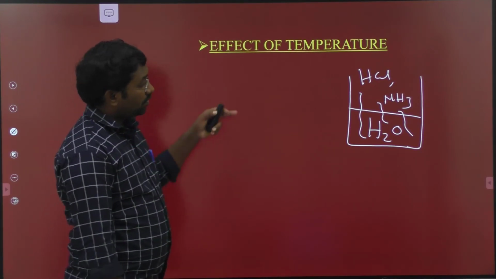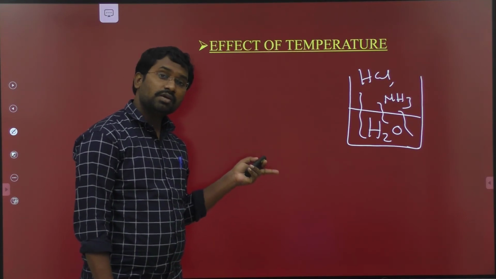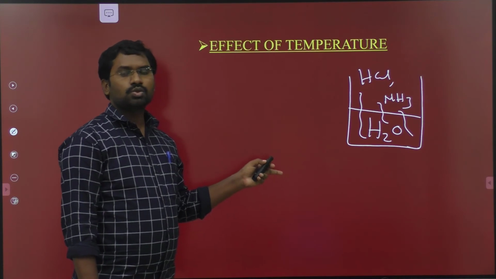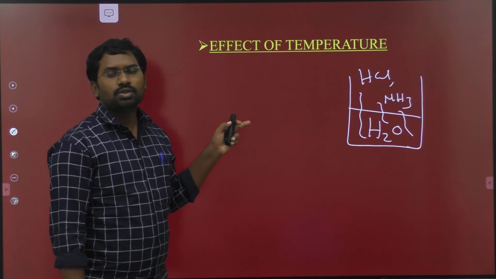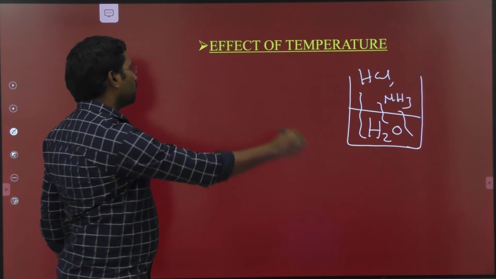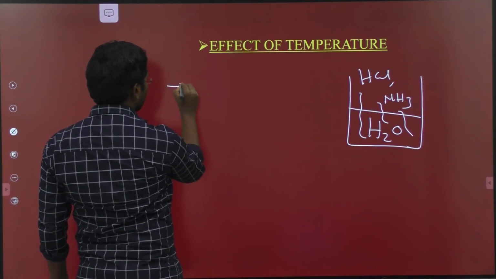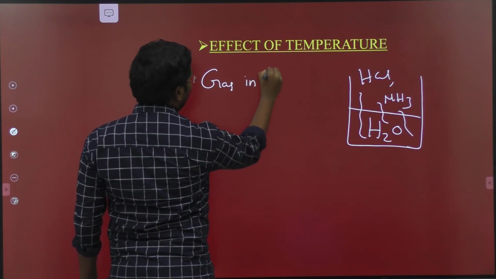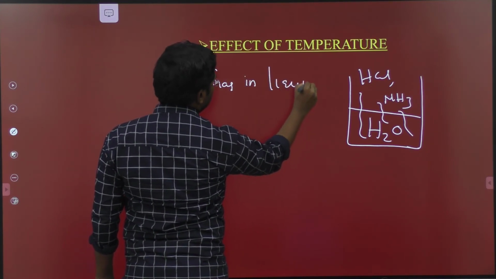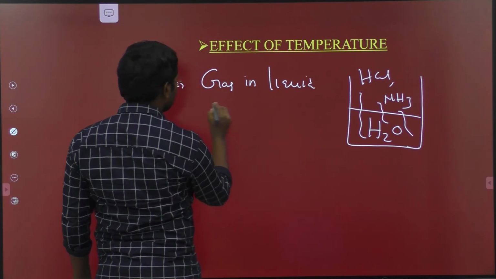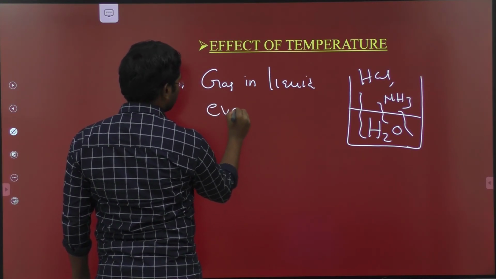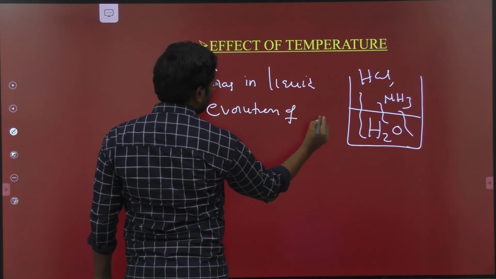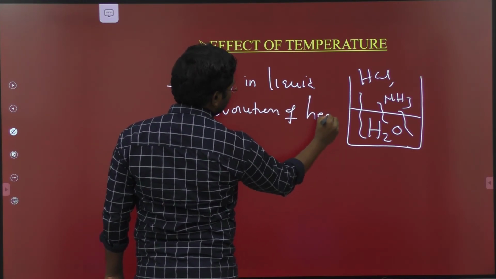And in the second case, when gases are passing into the liquid, that means gases are dissolved in a suitable solvent like water. So this is with evolution of heat. Therefore, the solubility of gas in liquid is with some evolution of heat.